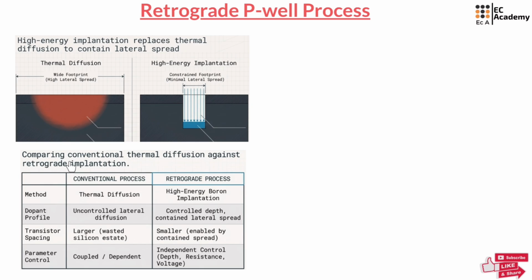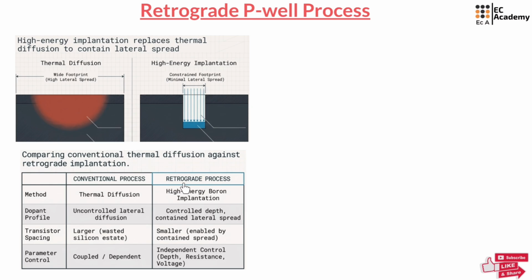Now let us compare the conventional method against the retrograde implantation. If we take the conventional method, which is the thermal diffusion, it will have uncontrolled lateral diffusion, as you can see in this diagram, and it has larger transistor spacing, which means the silicon space will be wasted, and the parameters controlled are coupled or dependent on each other. Which means we cannot independently control different parameters.